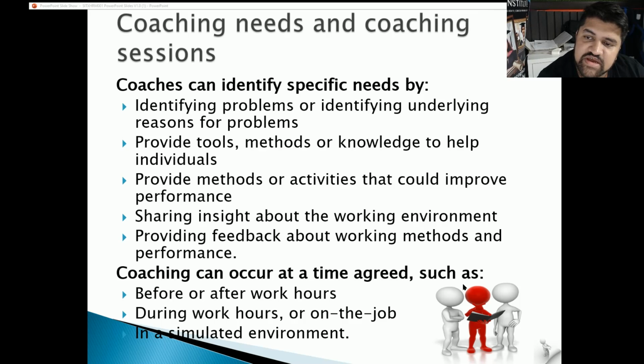Coaches can identify specific needs by identifying problems or underlying reasons for problems, provide tools, methods, or knowledge to help individuals, provide methods or activities that could improve performance, share insight about the working environment, and provide feedback about working methods and performance. Coaching can occur at a time agreed, such as before or after work hours, during work hours, or on the job in a simulated environment.